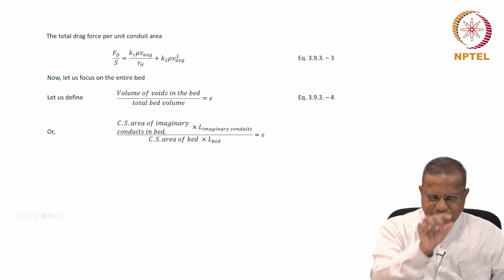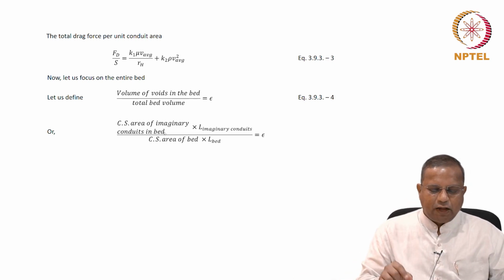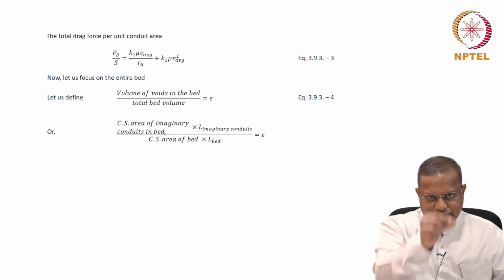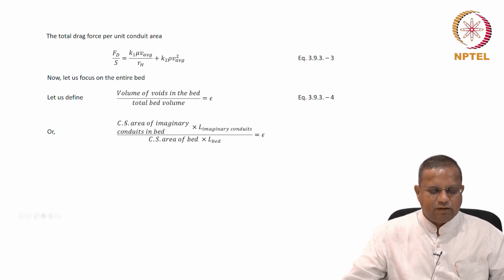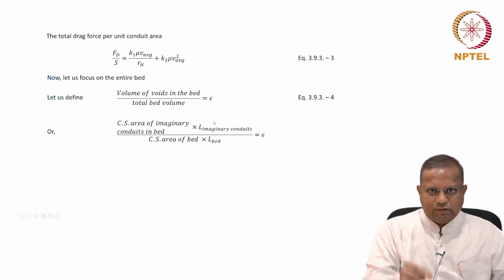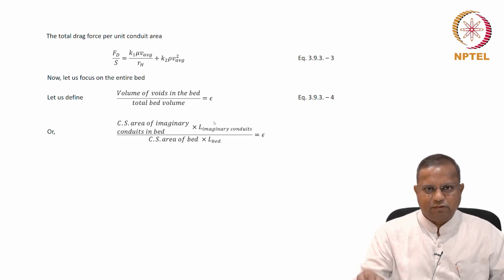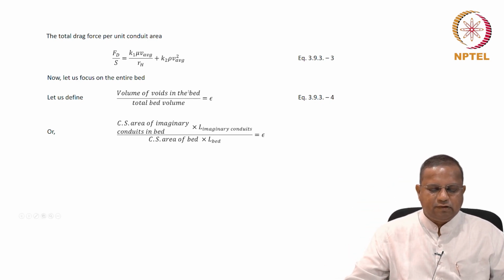We have replaced the various paths by these straight paths. So cross-sectional area of the imaginary conduits in the bed times the length of the imaginary conduits. We are just equating the volumes here. So the total volume of these straight conduits must equal the volume of voids in the bed. That's essentially what this says.